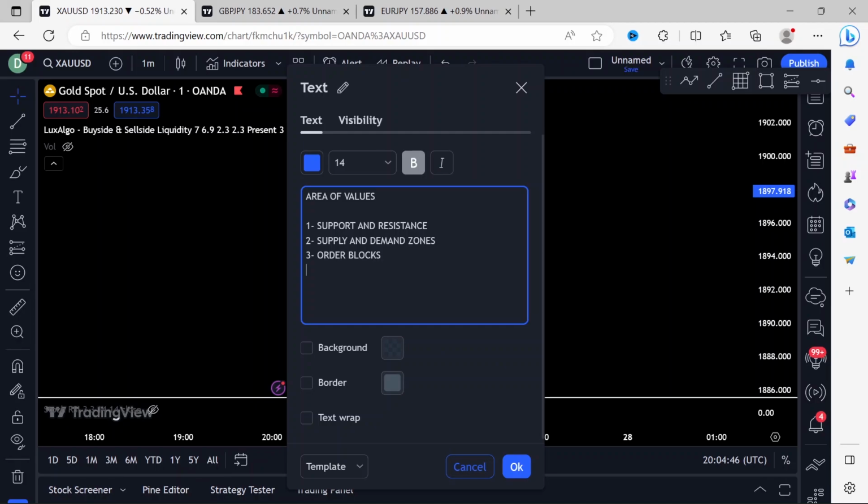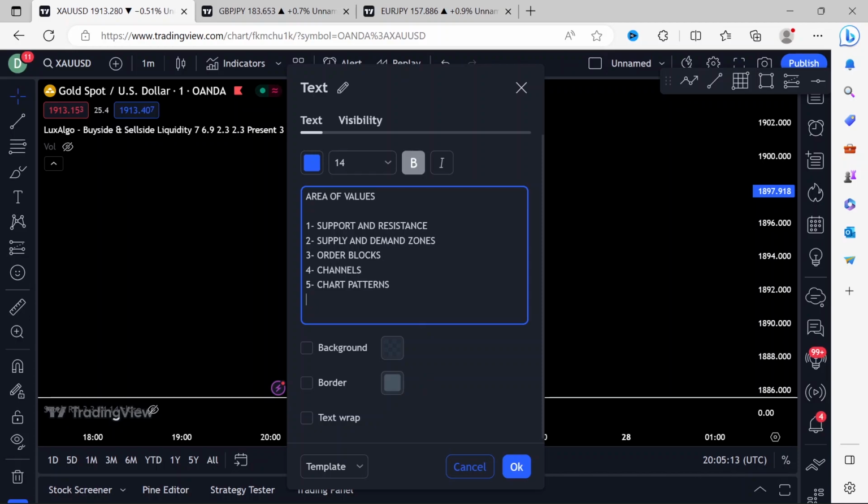As well, we could have others like channels, chart patterns, and formations. Candlestick formation will be under confirmation.